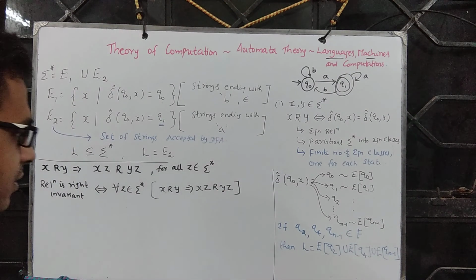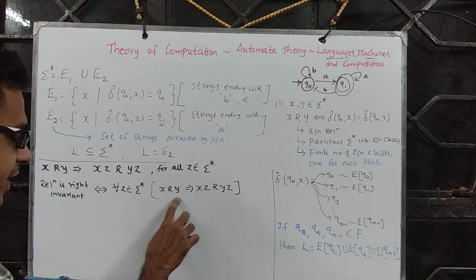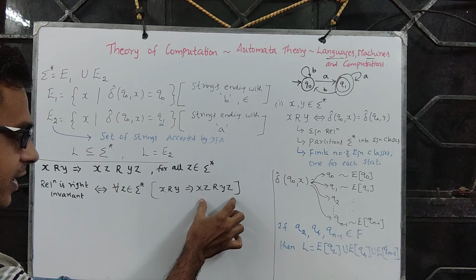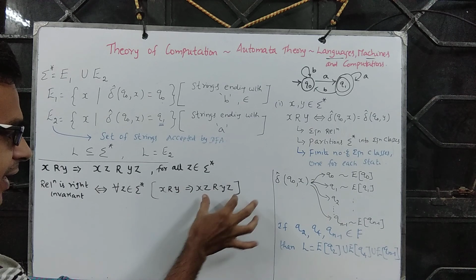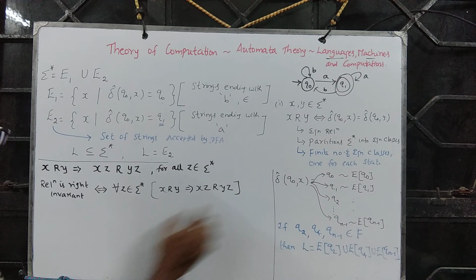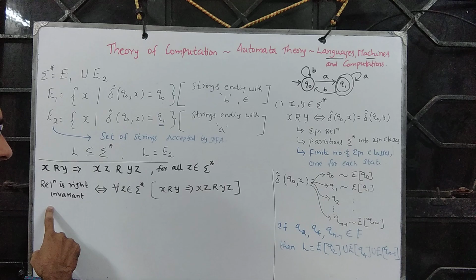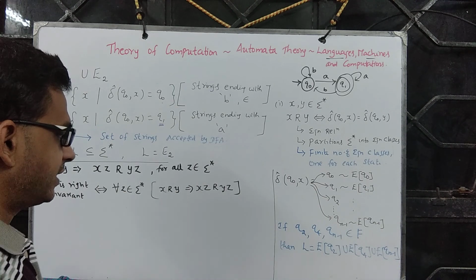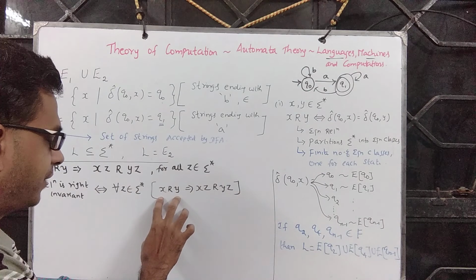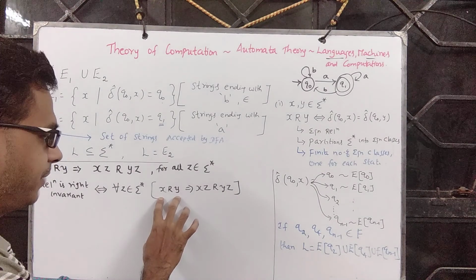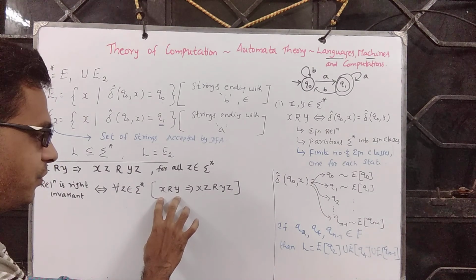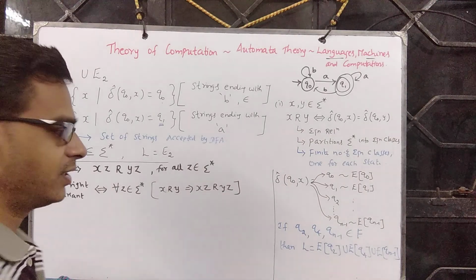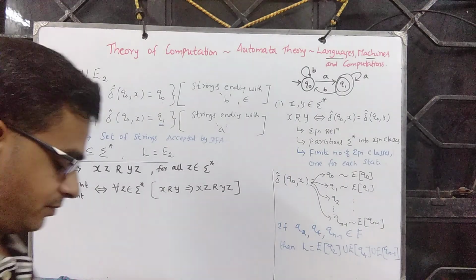In a relation, if two pairs are related, and you can infer for all z that xz is related to yz, then you conclude the relation is right invariant. What it says is if the output states are the same with respect to x and y, then the output states will be the same with respect to xz and yz.